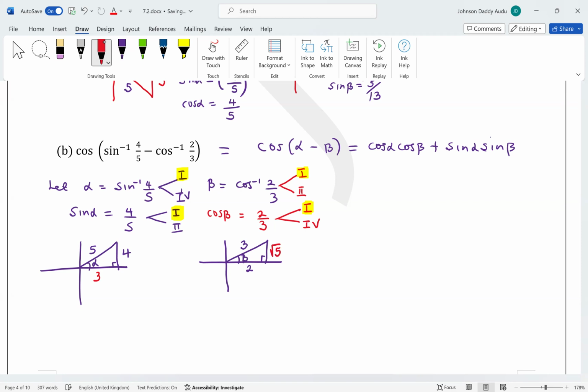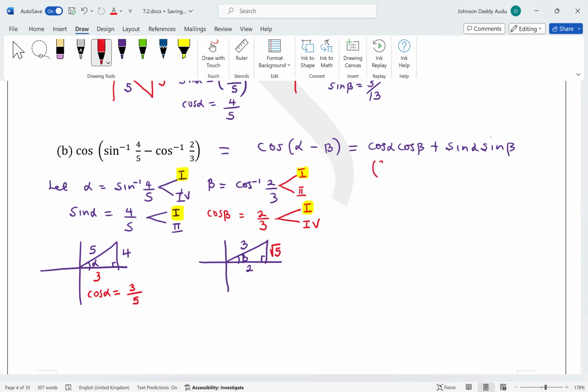All right, so let's get back here now. Now cosine alpha, what is cosine alpha? Is it 2 over 3? No, we don't know yet. So for cosine alpha, we have to come back here. Cosine alpha is going to be 3 over 5.